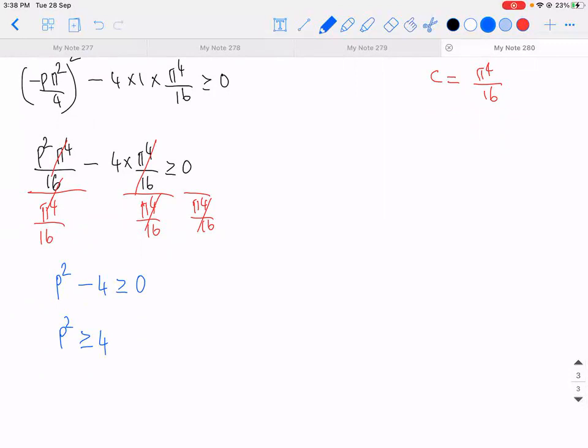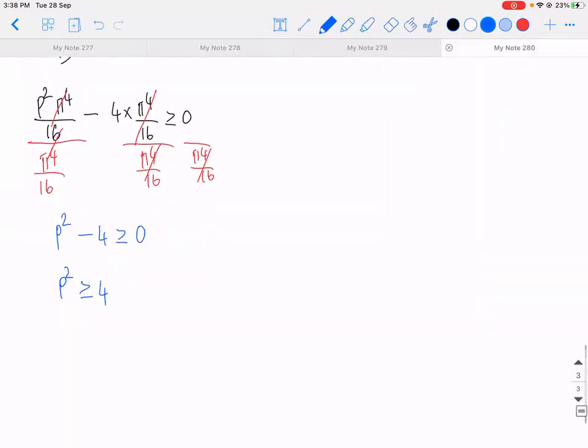So p square should be greater than or equal to 4. So how to solve this quadratic inequality? The product of the two p's, p multiplied by p, should be greater than or equal to 4. So we can say p is a value less than or equal to minus 2, or p greater than or equal to 2.